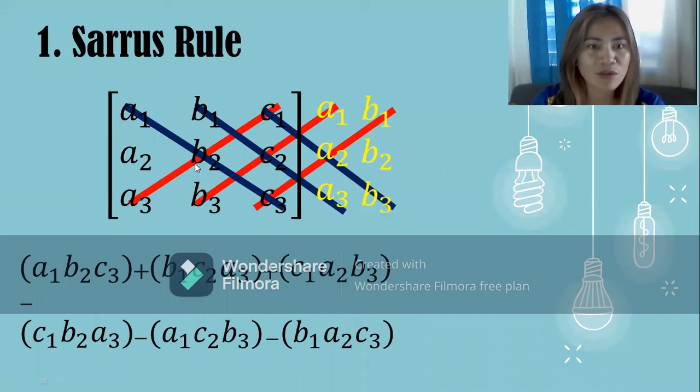Minus, let's go to the red line, the elements under the red line, C sub 1, B sub 2, and A sub 3, minus the product of the elements A sub 1, C sub 2, B sub 3, minus the product of the elements B sub 1, A sub 2, and C sub 3. So this is how you get the determinant of a 3 by 3 matrix using the Sarrus rule. Okay, let's have an example.